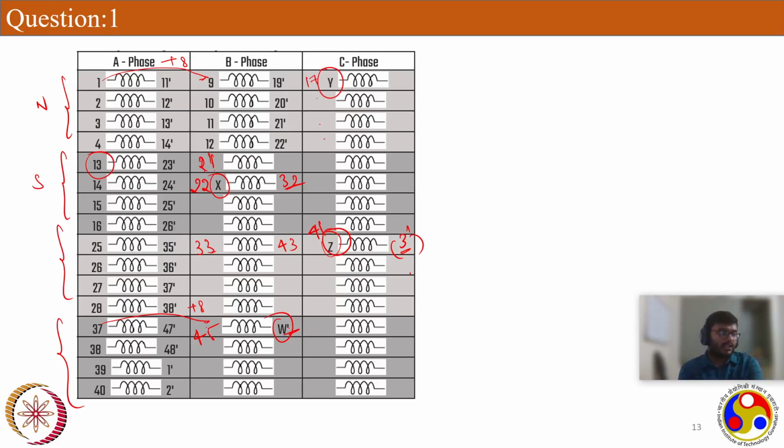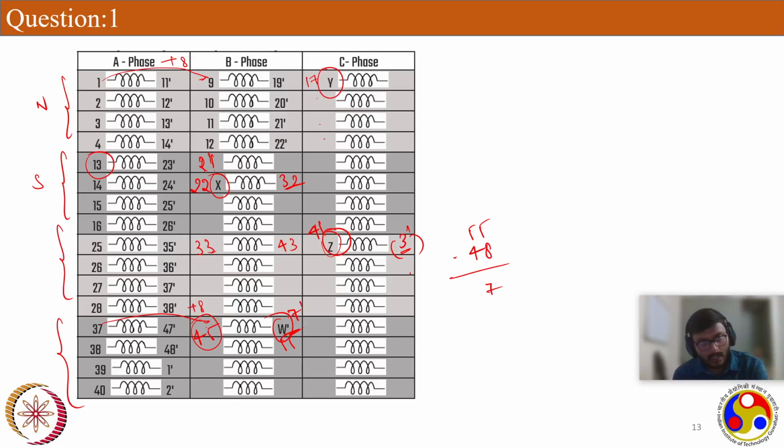Now what is w dash? Careful. Your calculation should be careful. It's simple subtraction and addition. 7, sir. Yeah, it's 7. If it is 45, it should be 55. But there is no 55. The maximum is 48. Now 55 minus 48, how much it is? 7. It is 7 dash. So W is 7.